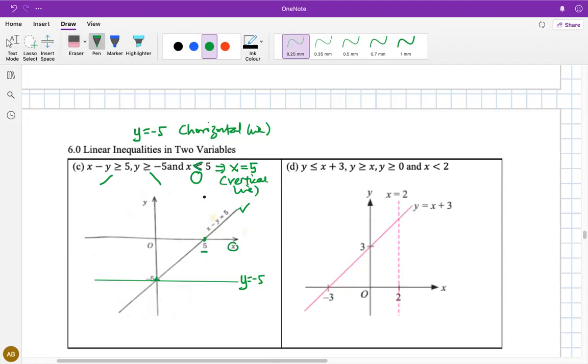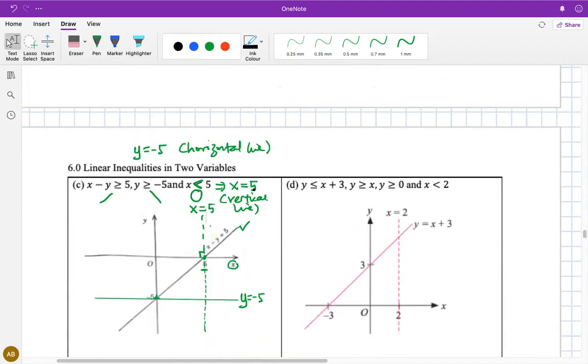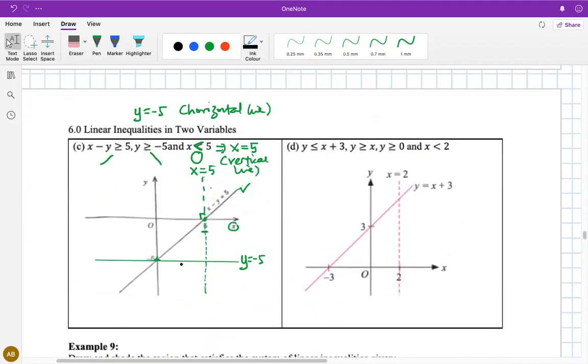So dotted line, I have to draw it out by myself. Dotted line is a vertical line. So in the exam, you must use ruler to draw it out. Okay, so this dotted line is x equals to 5. Okay, now after we already get all the 3 lines in the diagram, then we can determine.